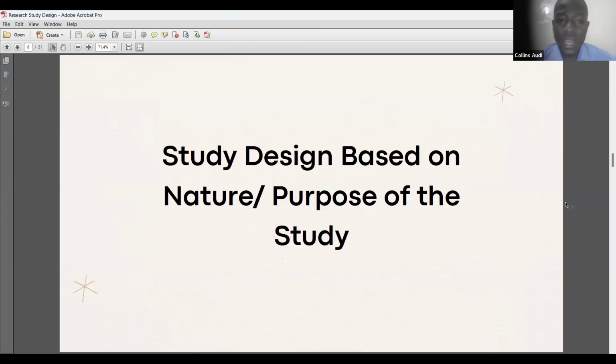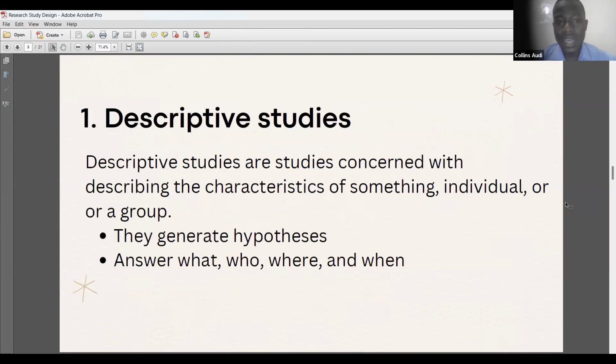So I'm going to take us through study design based on nature or purpose of the study. First, we have the descriptive studies. As the name suggests, descriptive basically means we are describing the situation the way it is. We are not going into more details like testing relationships between variables. So descriptive studies are concerned with describing the characteristics of something, an individual or a group. So they generate hypotheses.